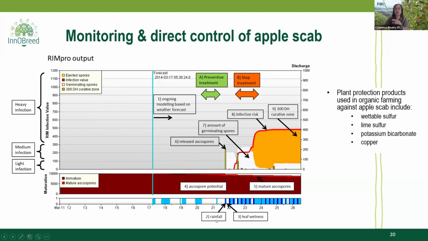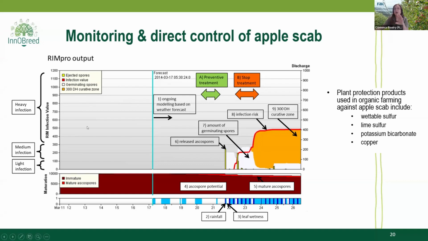So in the lowest bar, you can see the rainfall in dark blue and the leaf wetness in light blue. Then here you have how much spores, so ascospores, you have in potential in the leaves, and the stock, of course, decreases over time because they are released.